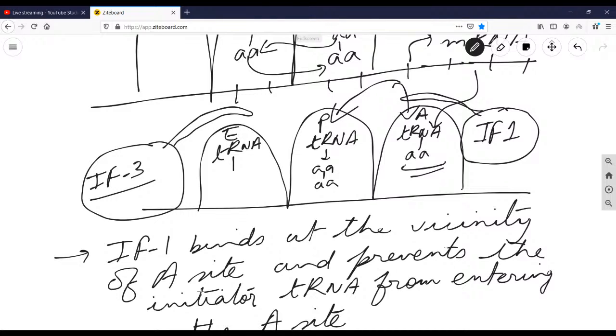More explanation will also be given about the structure of the initiator tRNA, and first of all, what a tRNA molecule is, what its structure is, how it gets synthesized, and its most accepted structures, the clover leaf model and the L-shaped model. Everything will be explained in the next class.